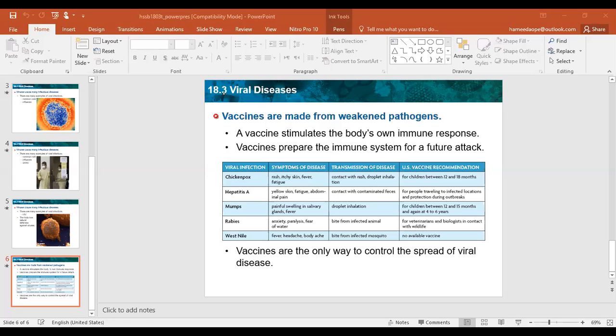How does the immune system not remember? Oh, because they don't have a vaccine for it. You've not been given a vaccine for influenza. Is that understood? So vaccines consist of weakened versions of viruses or parts of the virus that will cause the body to produce a response to it. In the host body, the vaccine works by preparing the host immune system for future attack.